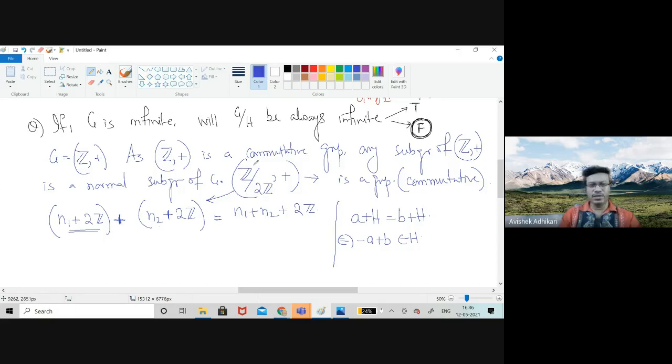How many elements do you think it should contain?